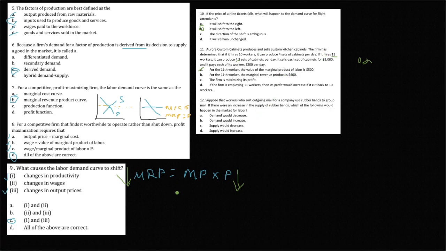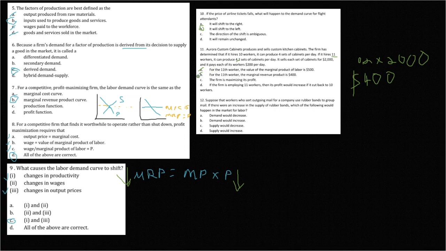Well, it makes 0.2, and then it sells each cabinet for $2,000, so 0.2 times 2,000 is going to be $400.